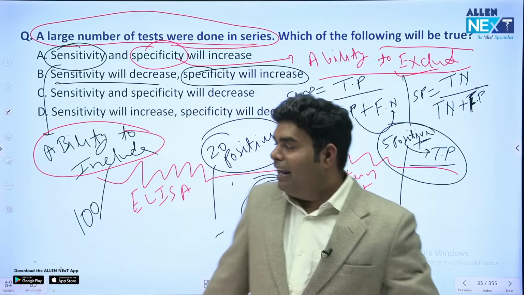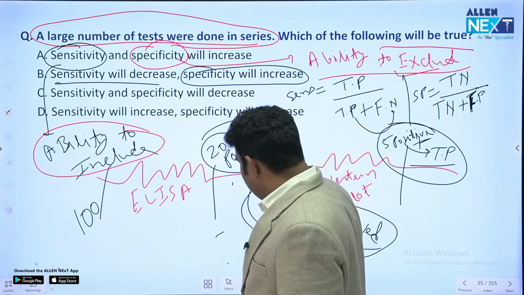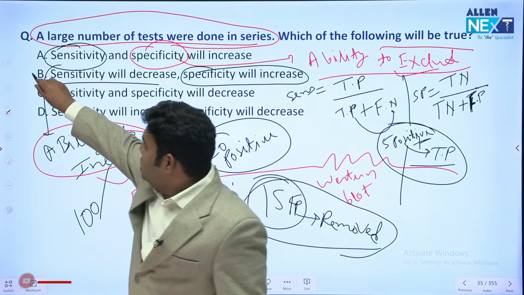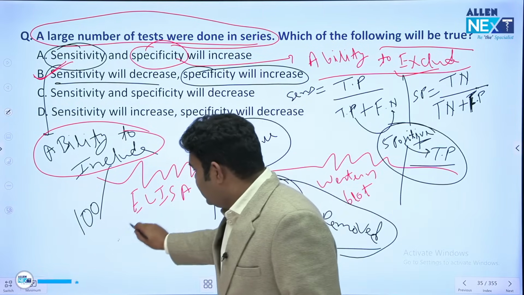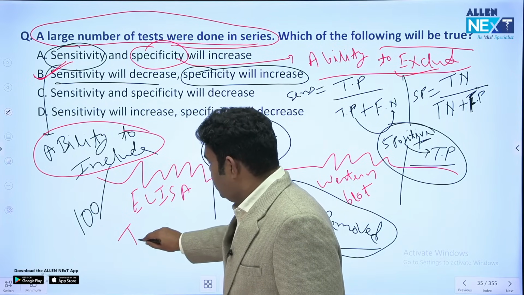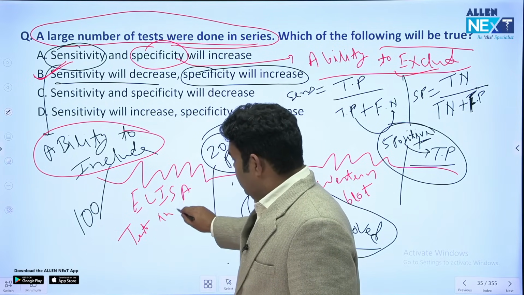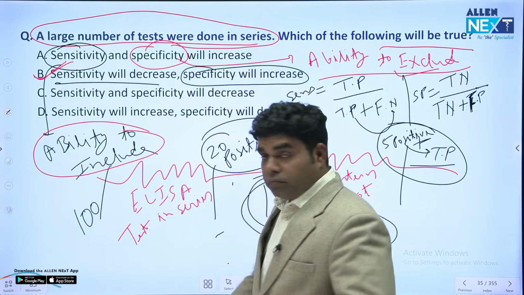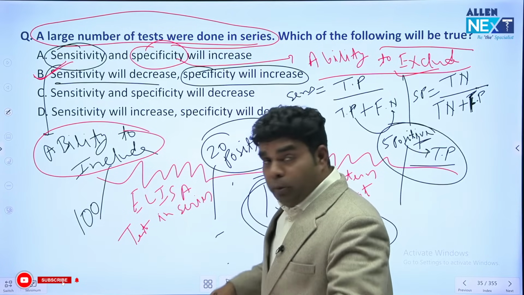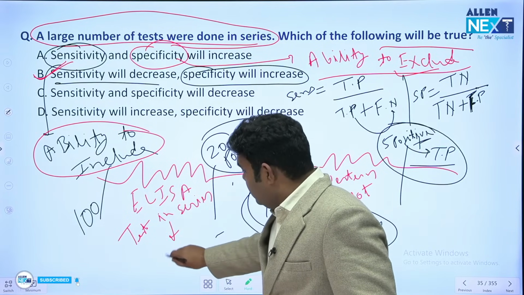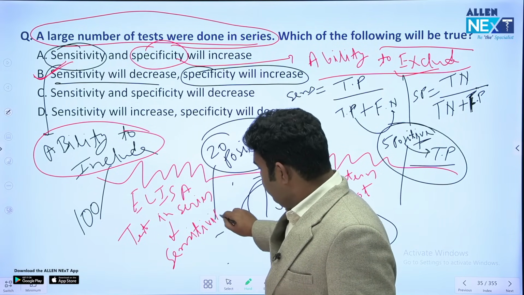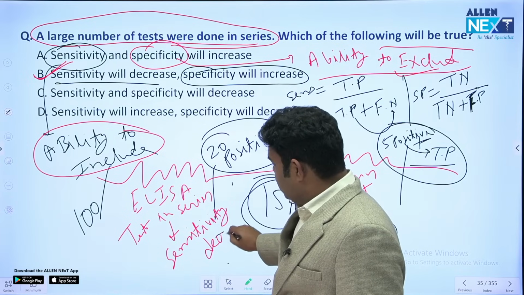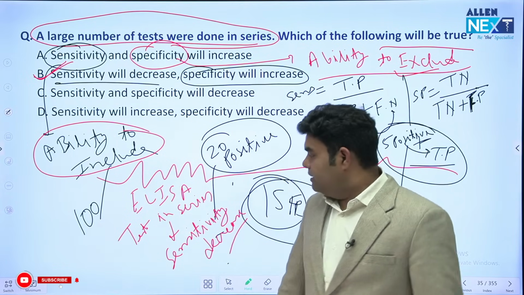So correct answer is definitely option B. Do remember this point, that whenever we do test in series, remove people. So because it remove people, sensitivity decreases. Because it remove people, test in series, so sensitivity decrease.